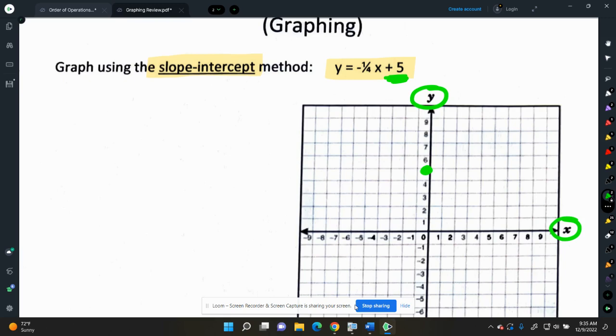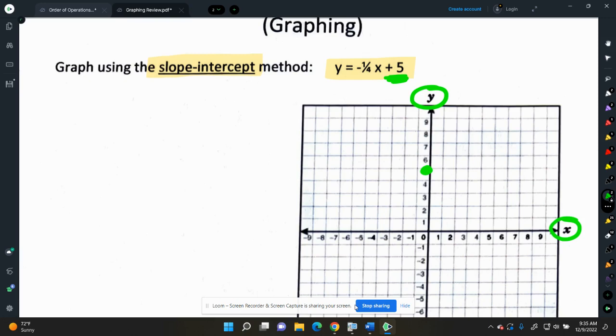Right in front of the x. What's that called? That's the y equals mx plus b. So it's the m. M is the slope. Okay, so I find the slope, that's the m. That is the rise over run.